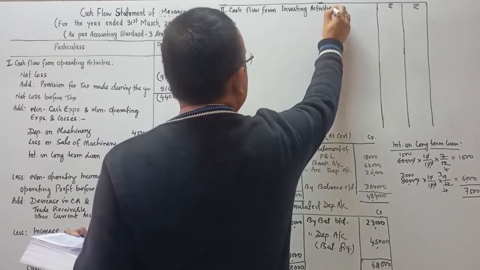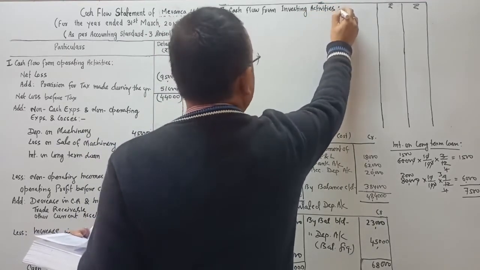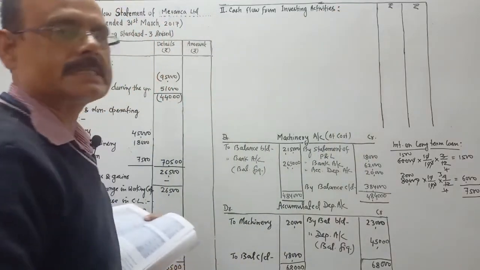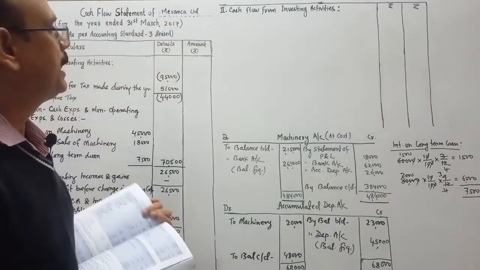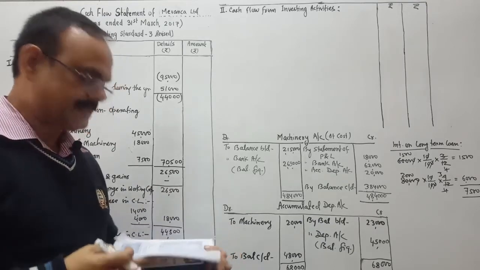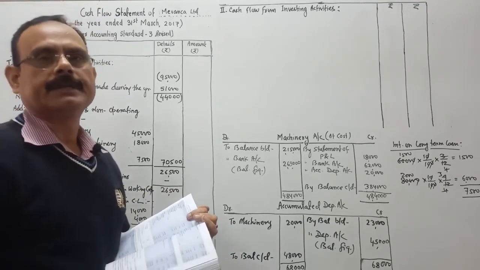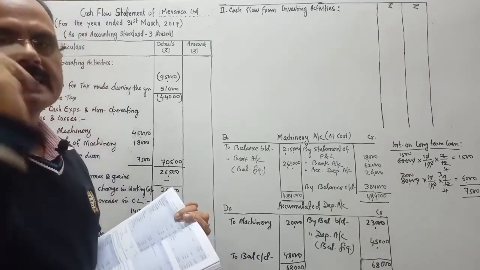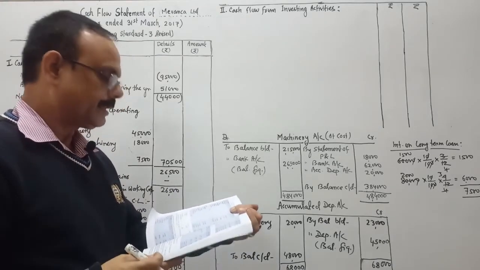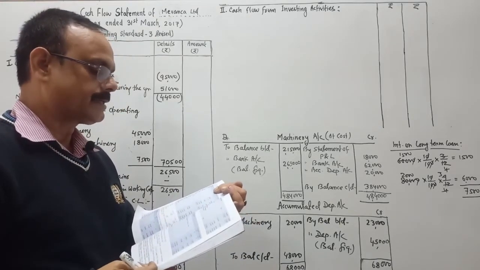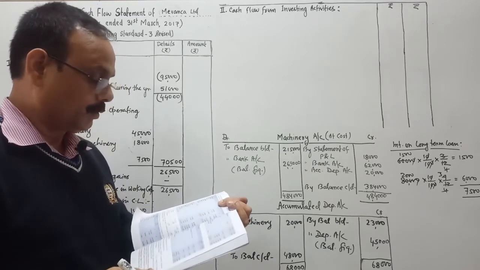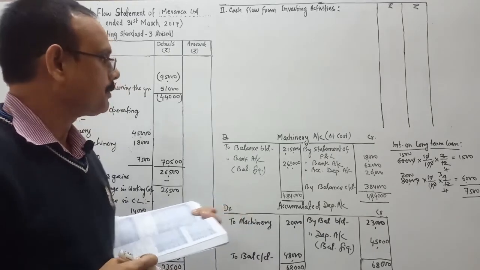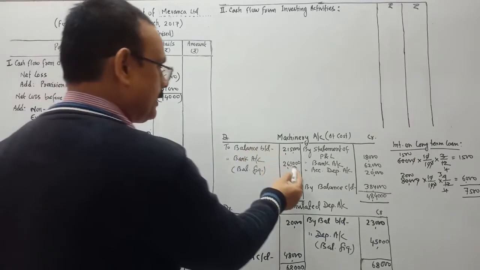Okay, this is the second activity, cash flow from investing. For investing activities, we will see the asset side in the balance sheet. So asset side, fixed assets, note number 4. When we refer to note number 4, we have done the calculations already.